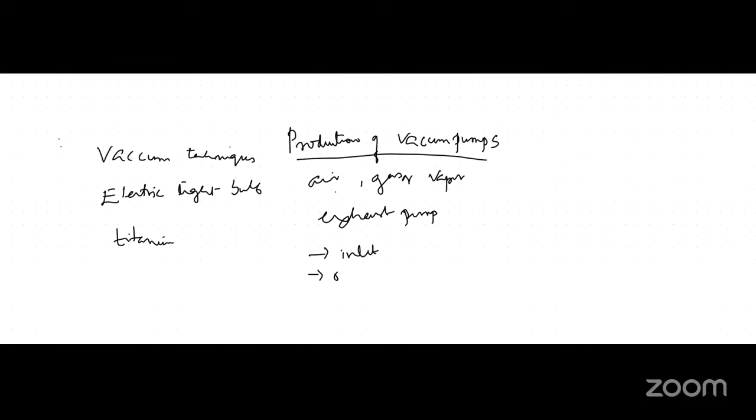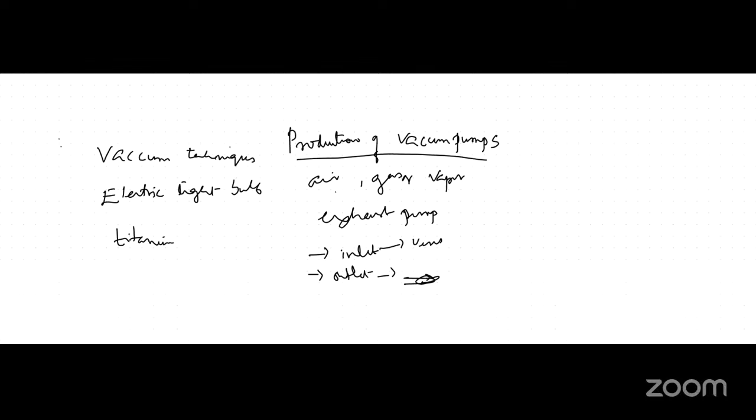The inlet is connected to the vessel, and the outlet expels the air or gas, whatever is present inside the vessel, so that it can be evacuated from there.